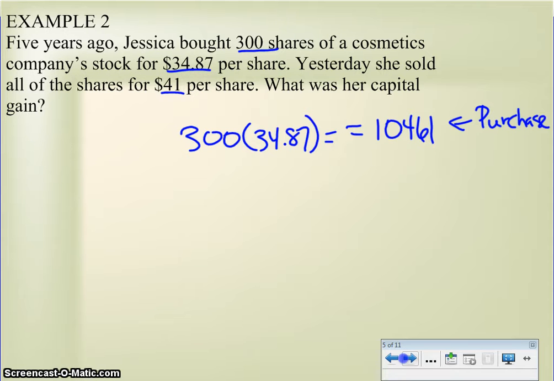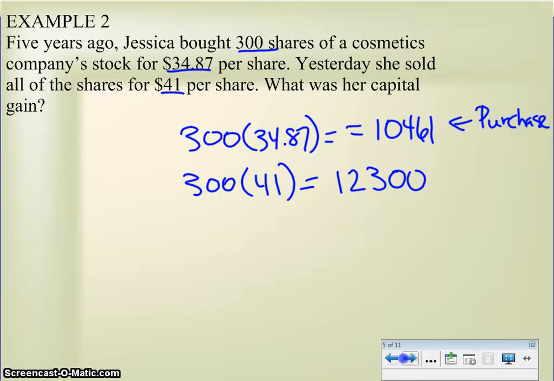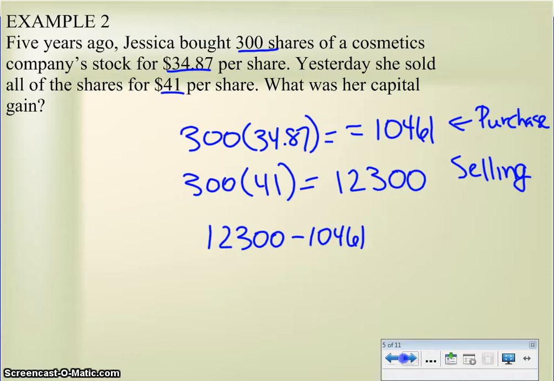And then we have 300 shares sold at $41 for $12,300 for the selling price. Remember, it's selling minus the purchase price, so it's $12,300 minus $10,461, and we see that we get a gross capital gain of $1,839.